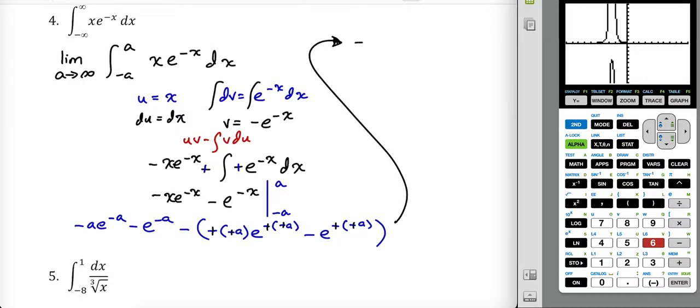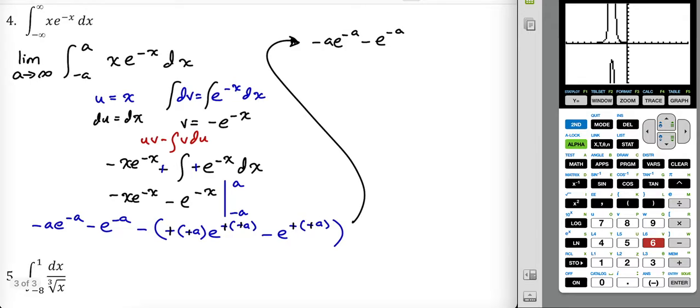Negative a e to the negative a minus e to the negative a, minus a e to the a, minus, two negatives make a positive, e to the a.